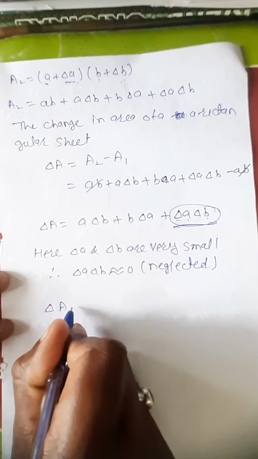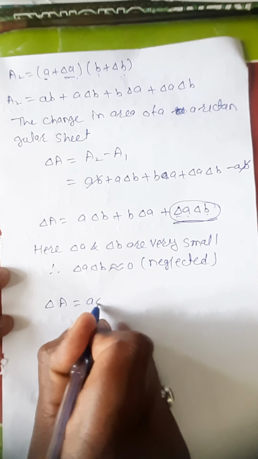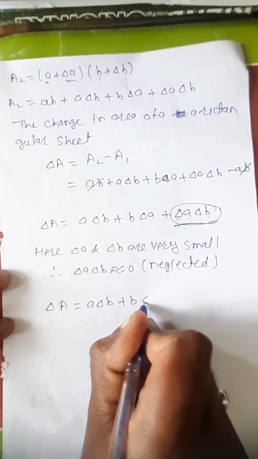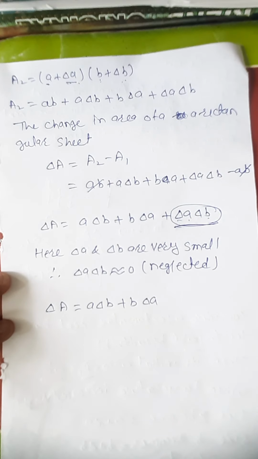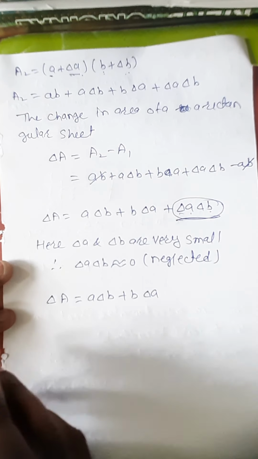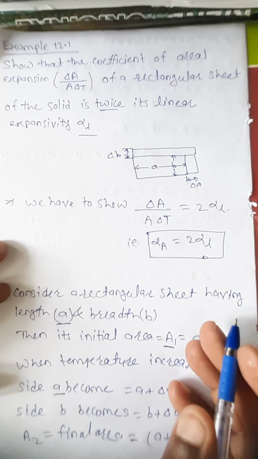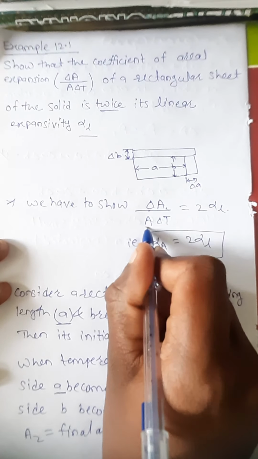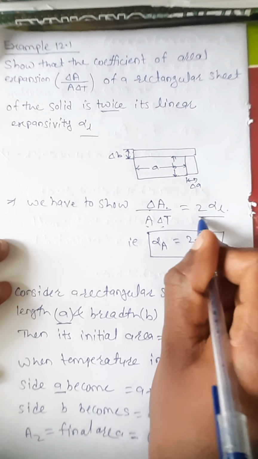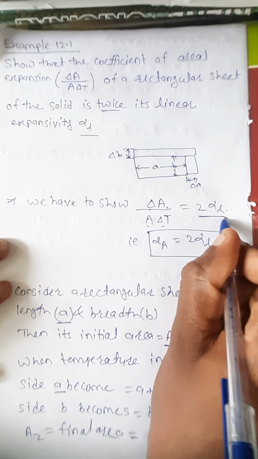Therefore delta A is equal to L into delta B plus B into delta L. Then dividing both sides, what we have to find out is delta A by A into delta T, which is equal to 2 times alpha L.